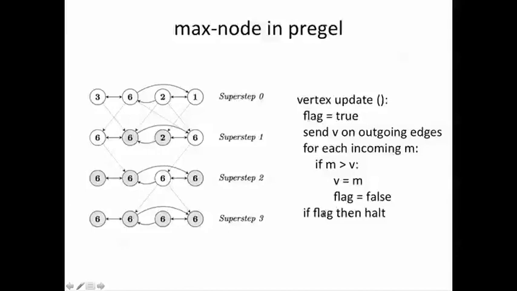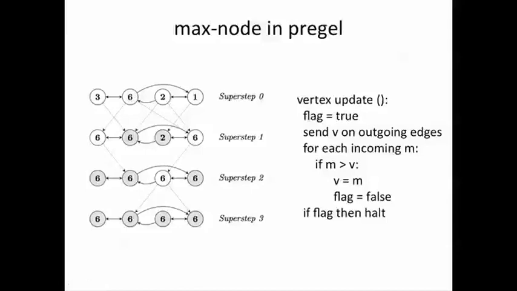Let's see what happens if this is executed for every node. In the first step, these are bidirectional edges, which I mentioned over here. So this means there's an edge from 3 to 6 as well as from 6 to 3. In the first step, 3 sends to 6. 6 doesn't do anything because it's already the maximum and it's never going to get a message greater than itself.